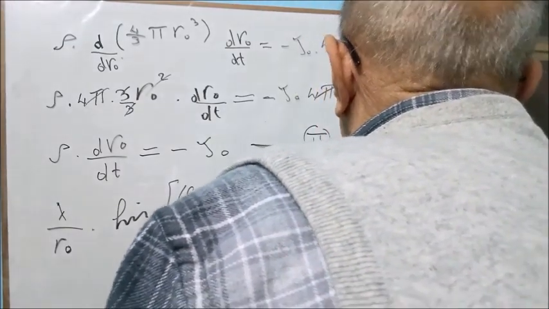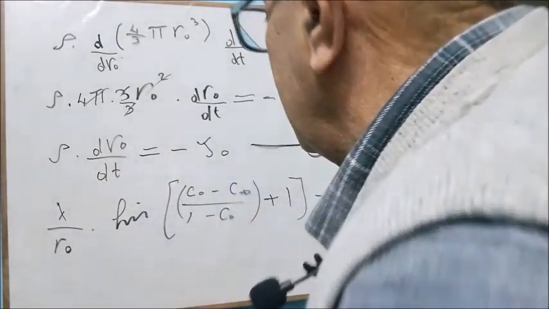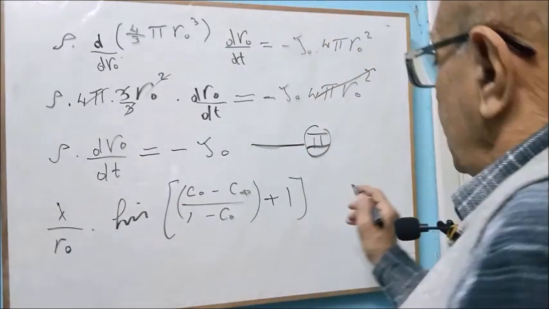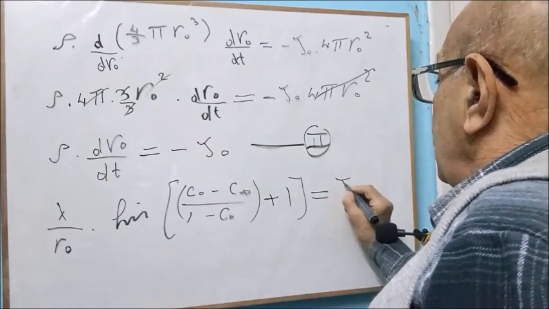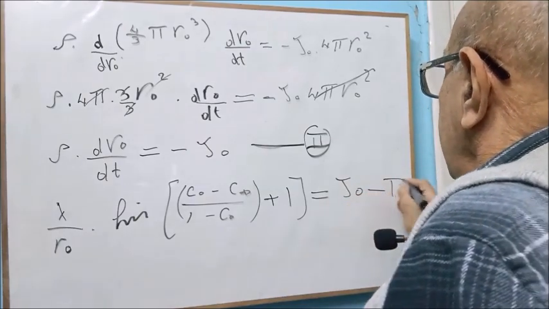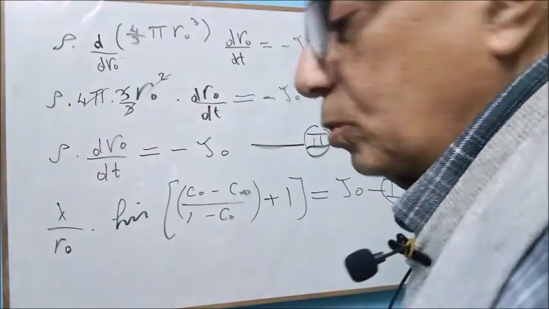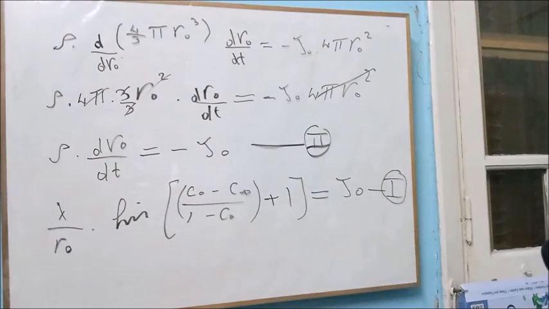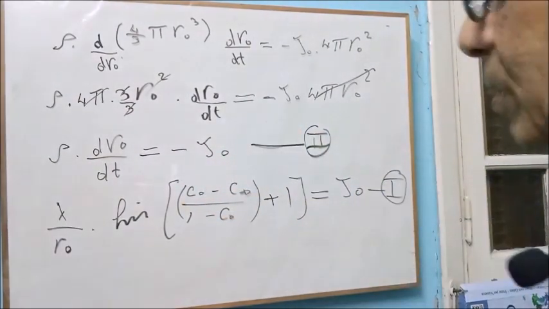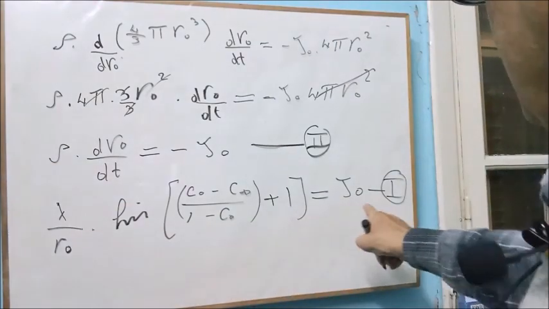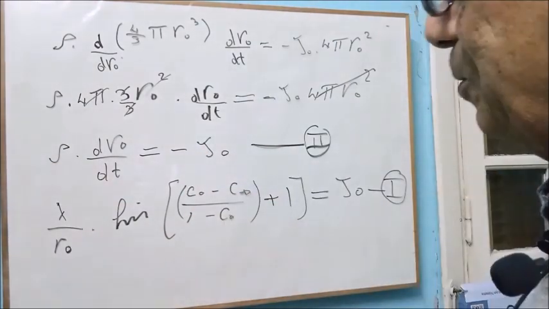That's the relation obtained before, equals J0. That's relation 1, obtained two or three minutes ago. Okay, that's very nice. So we'll equate these two, but we'll give this a negative sign. We cannot say that J0 equals minus J0.